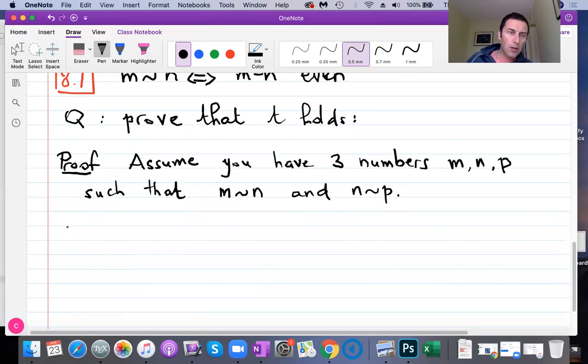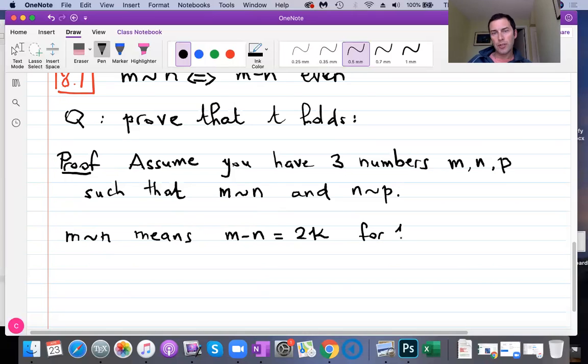Okay, so first thing is write down what it means for M to be equivalent to N. M equivalent to N means that M minus N is an even number, so it's 2k for some k, an integer. N equivalent to P means that N minus P is equal to 2, again, j for some integer.